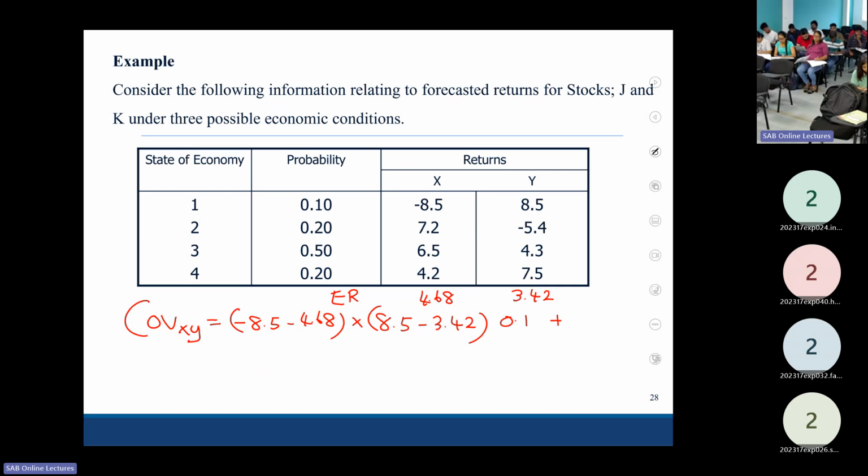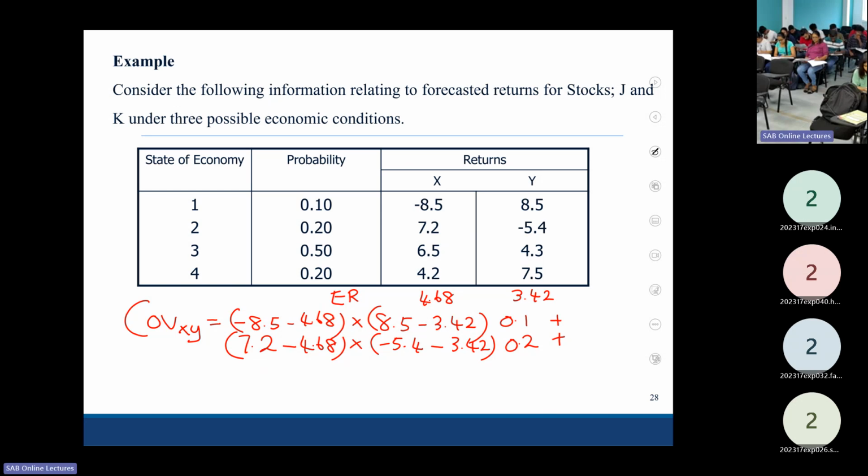Next, under state of economy 2, forecasted return of X 7.2, deviation from the expected, multiplied by the forecasted return of Y under the same state, 0.54, deviation from the expected 3.42, multiplied by probability 0.2, plus.